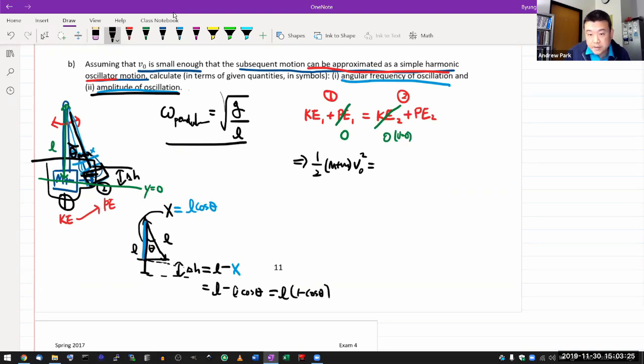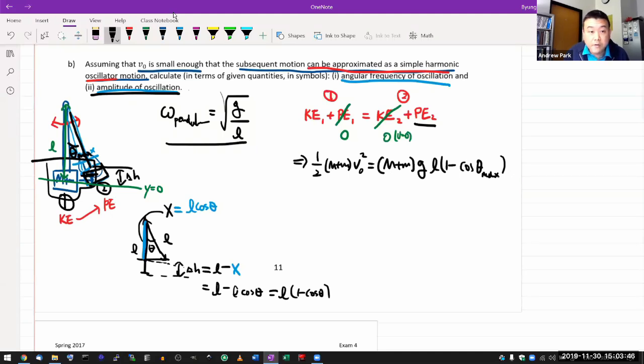So putting that into the expression for gravitational potential energy on the right-hand side, it's going to be mass times g times the change in height, which will be L times 1 minus cosine theta. And this theta is the theta max, or the amplitude of oscillation.